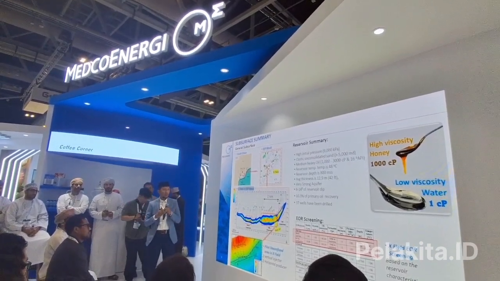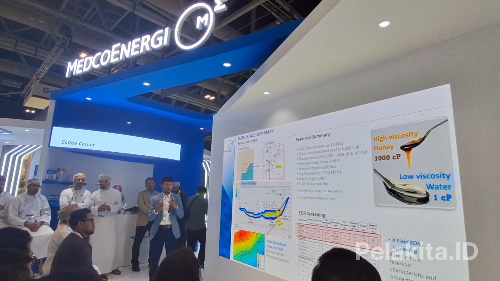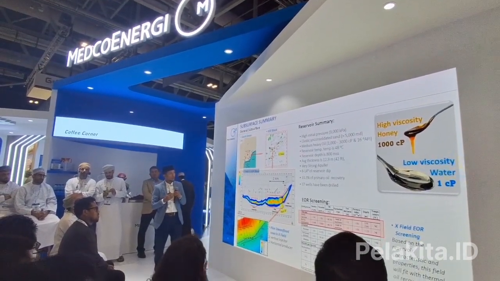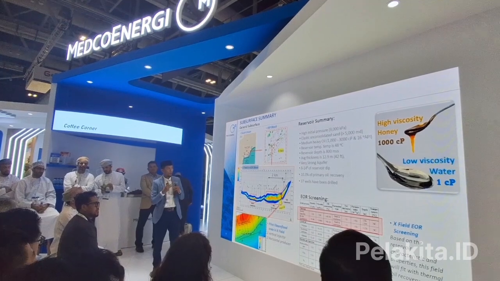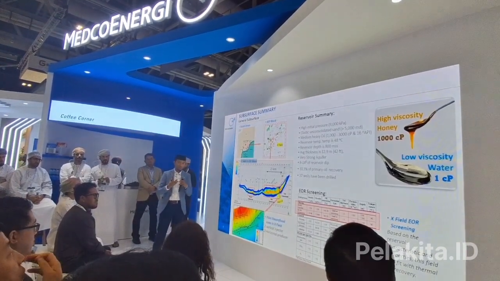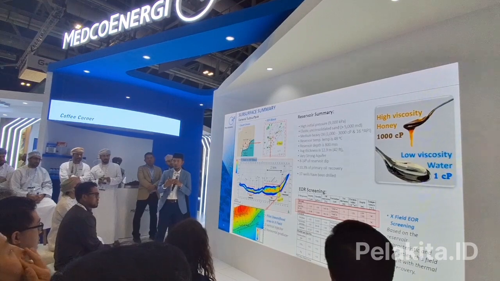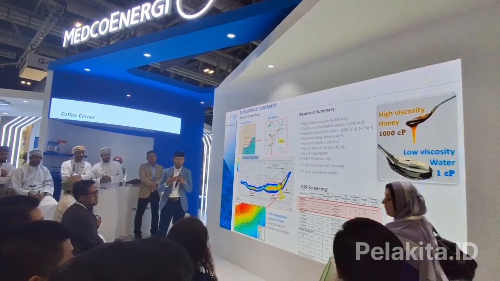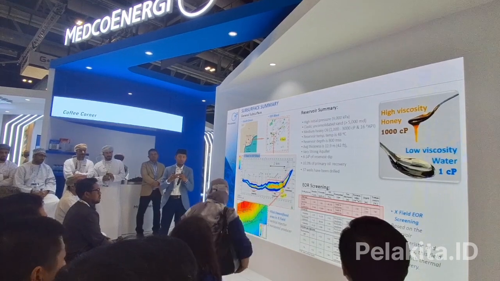The good thing here is we have quite a strong aquifer that supports the reservoir pressure. Okay, so with this kind of reservoir, if we develop this field using only normal development, we only get a recovery factor of oil around 5 to 10%.